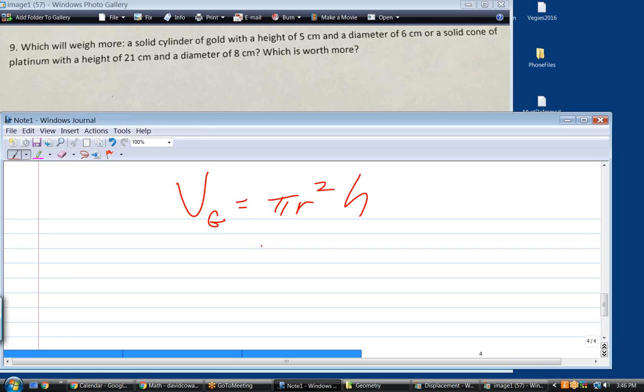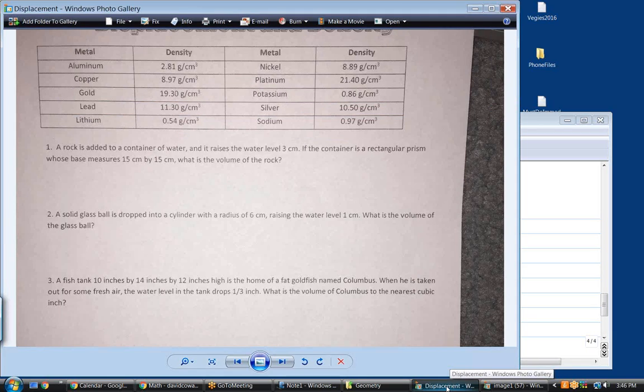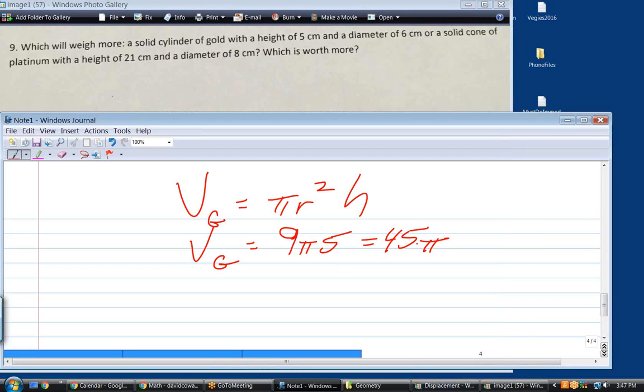Oh no, 6 squared times 5. The diameter is 6. Oh, so 3. Okay. So it's 9 pi times 5, which is equal to the volume of the gold, 45 pi. And you said multiply it by the density. Gold's 19.3, and that volume's in cubic centimeters. You multiply it by 19.3 grams per cubic centimeter.